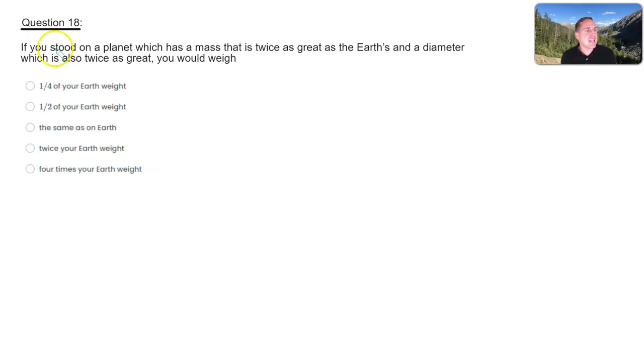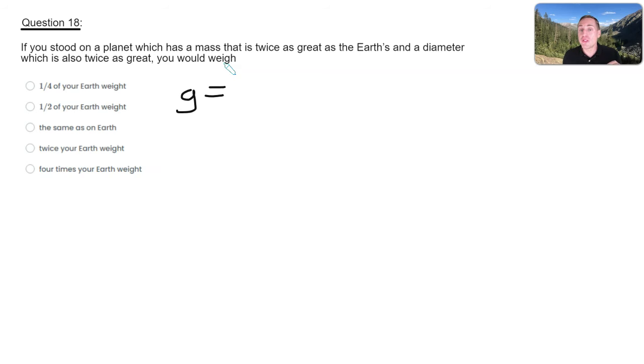Question 18. If you stood on a planet which has twice the mass of Earth, and a diameter which is also twice as great, you would weigh how much? So for Earth, hopefully you know to calculate the gravity acceleration constant, that's like taking Newton's universal gravitational force law and dividing by your mass to get your local acceleration.